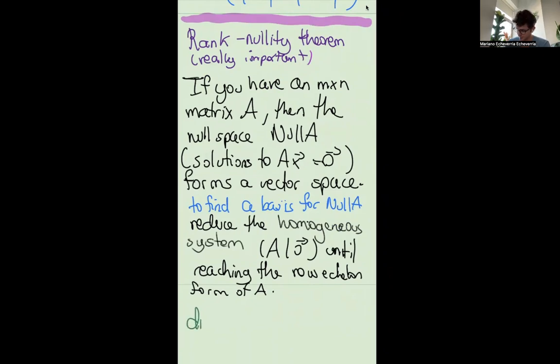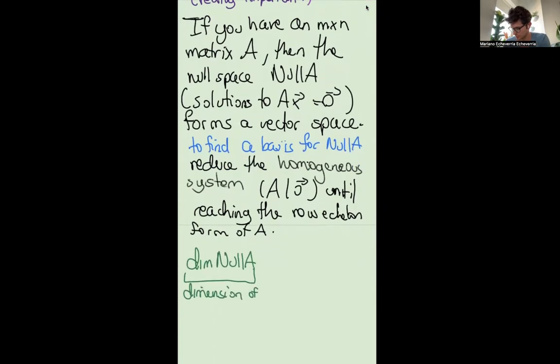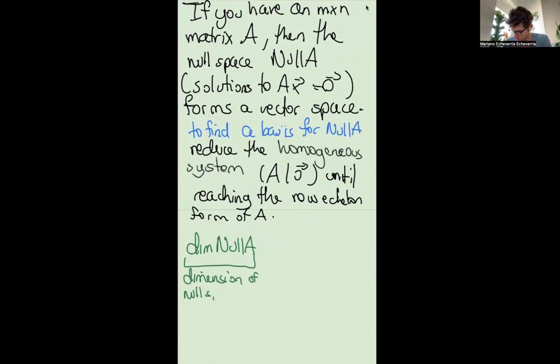The dimension of the null space. When I write dim here, that just means the dimension, and that's just the number of vectors in the basis, in your basis.